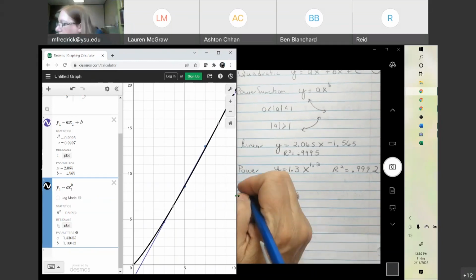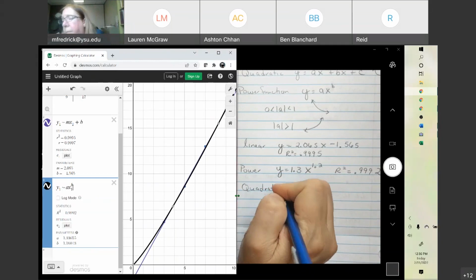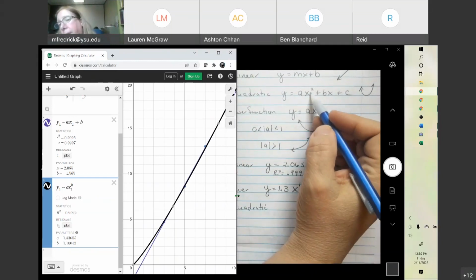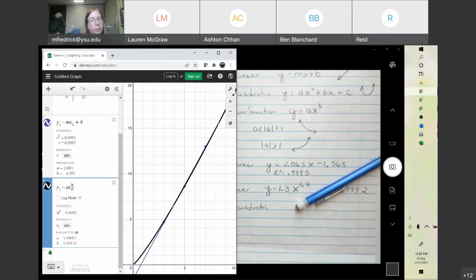Okay, we can also do the quadratic, which is your parabola. When you do it, remember for these x's, you'll have to put x1. So we'll click on the 4.